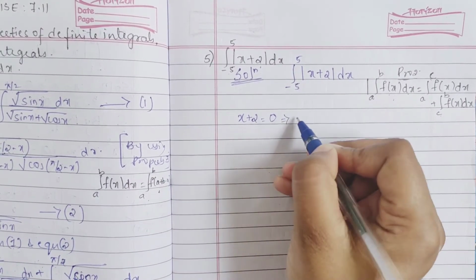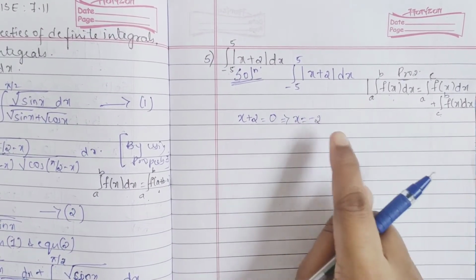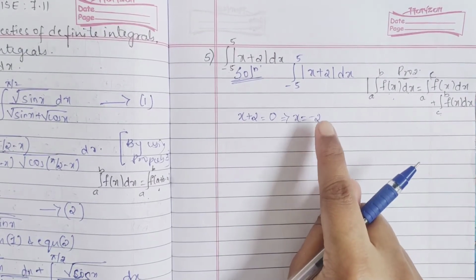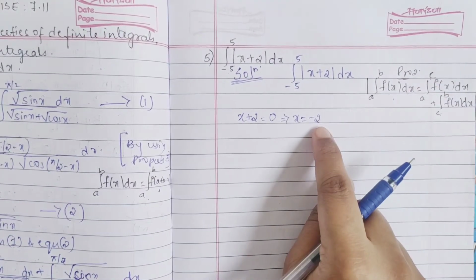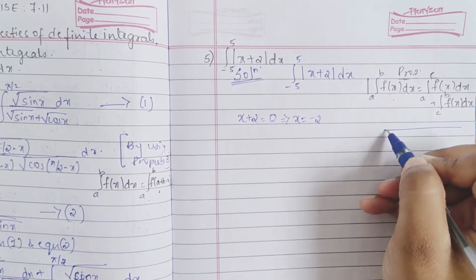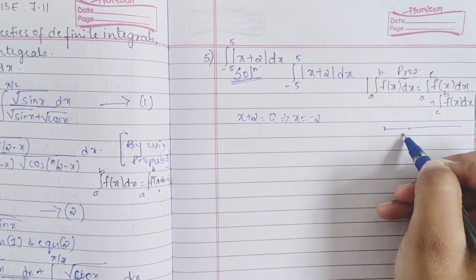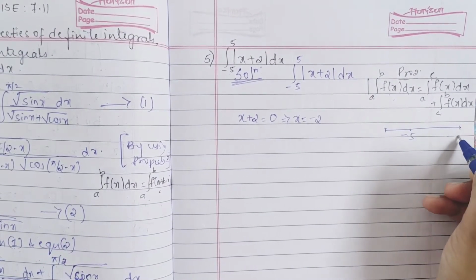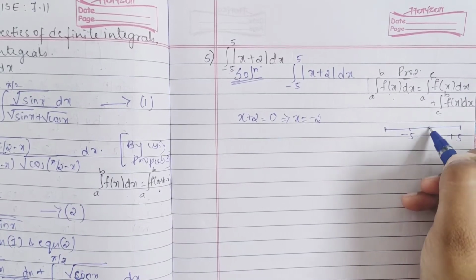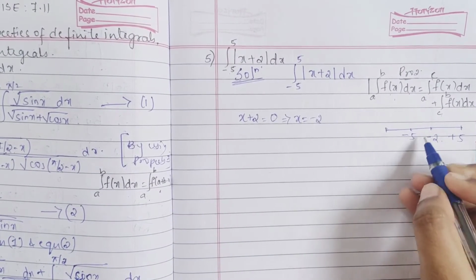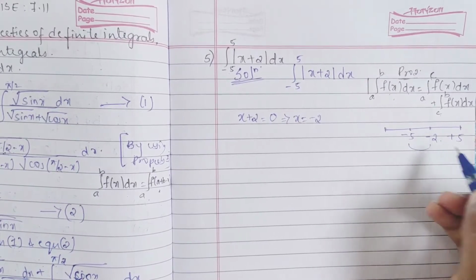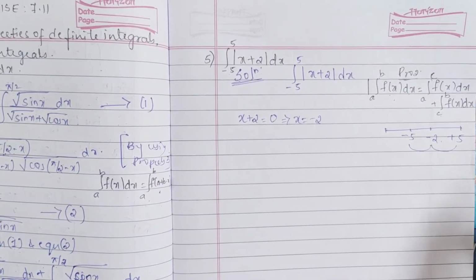What x value will you get? You will get minus 2. So your middle point, that is your c, is minus 2. Which means the limits are minus 5 to 5 and the middle term is minus 2. So you break it as minus 5 to minus 2, and minus 2 to plus 5.